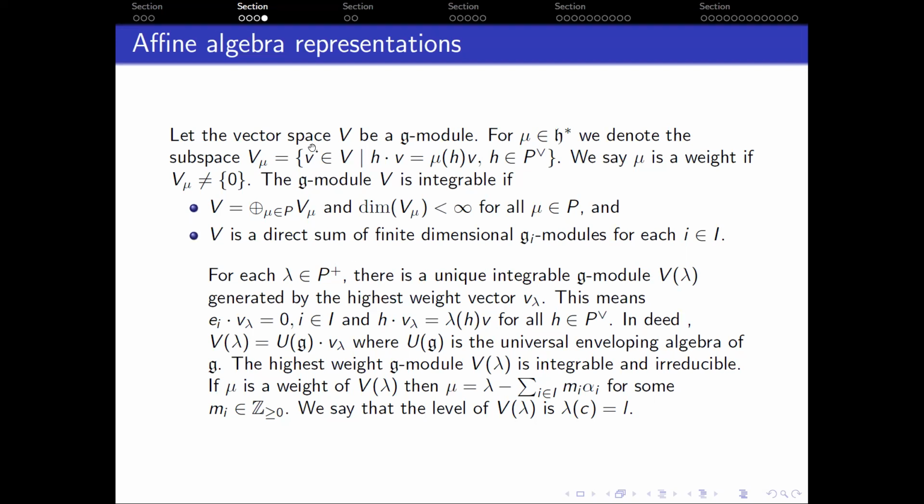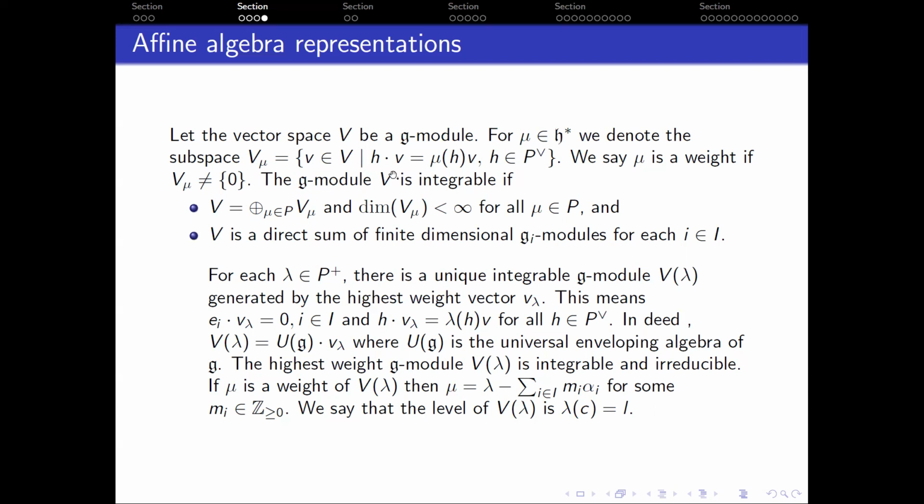So let's take V to be a G module and take mu to be any linear functional on H. Denote V_mu to be the set of vectors v such that h·v is mu(h) times v for all h in P check. We'll say that mu is a weight if V_mu is non-zero. And the dimension of this weight space is what is called the multiplicity of mu, just like in root cases.